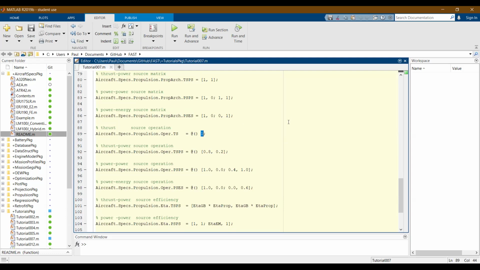However, if you had 2 fans, maybe the power is being split 50%, 50%, like it is on most aircraft. So instead of having a 1, you would have 0.5, 0.5 to represent that one fan is accepting 50% of the power or providing 50% of the power, and the second fan is providing the other 50%. For now, we'll leave it as 1.